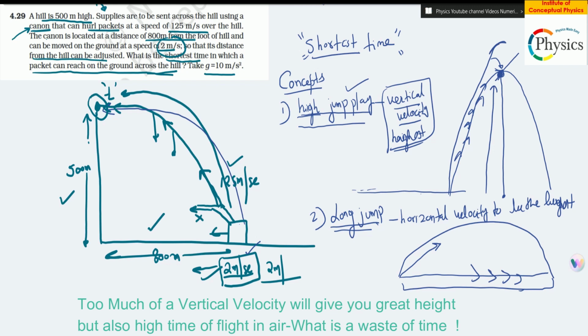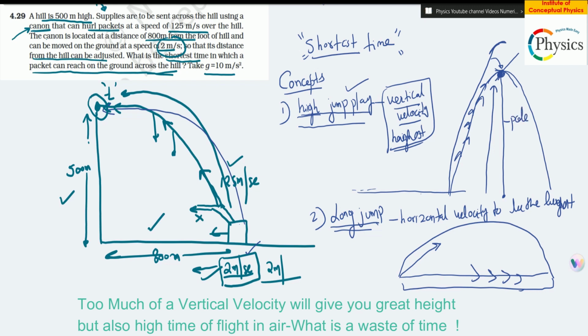A high jump player doesn't want to stay in the air for a very long time. He wants to just clear the pole and come back, so he wants to complete the motion in a very short time, yet cross the pole.